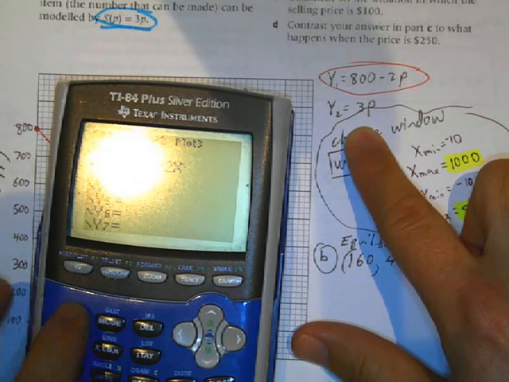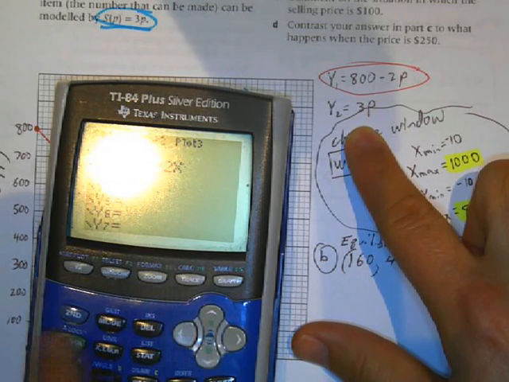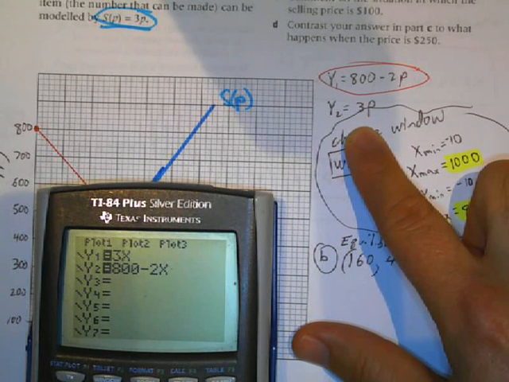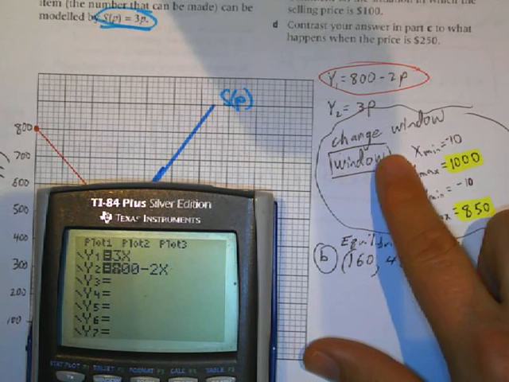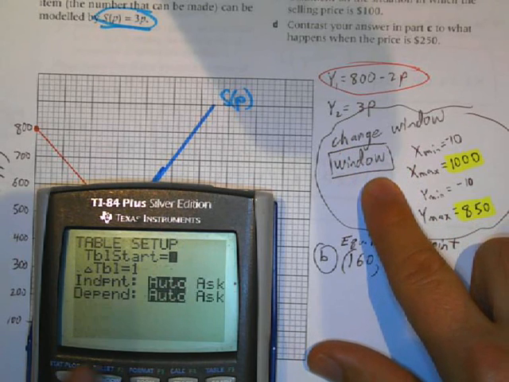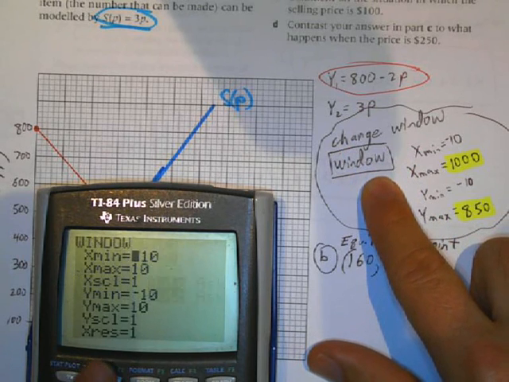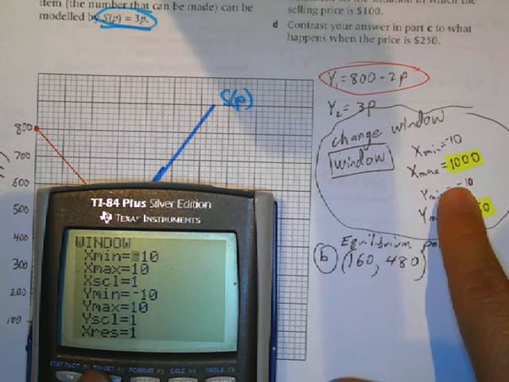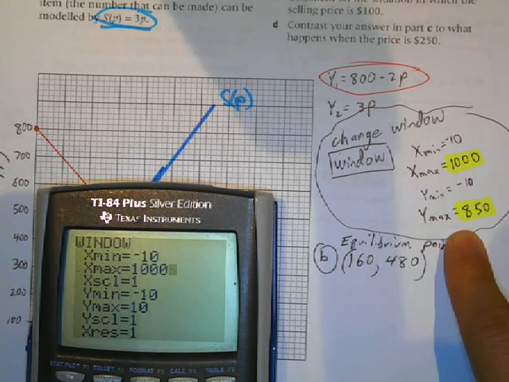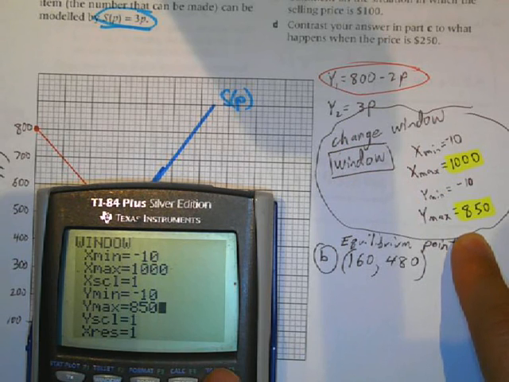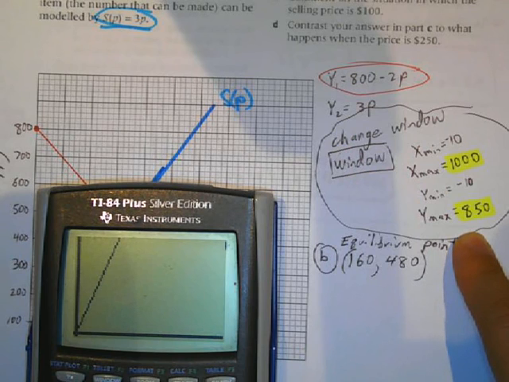Okay, and so then if I want to change the window, I have to press window. I'm going to change the x max to 1,000. I could change it to 800 if I want. And then I'm going to change the y max to 850 here. And then I'm going to press graph, and then we'll see what our graph looks like here.